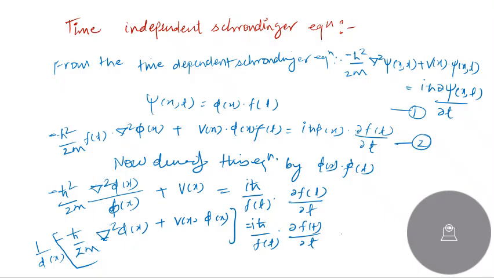So we got this value. So here both are equal, so we can consider a constant, let us say g, which is equation number 3. Now solve both sides with the help of g. So what will be the next steps?